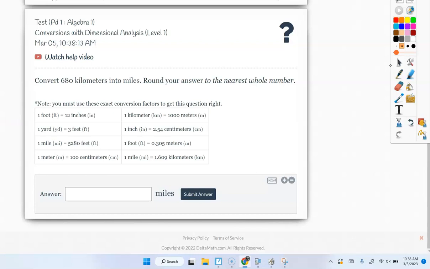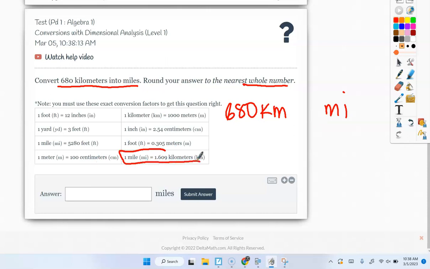I have 680 kilometers, and I want to convert it into miles, rounded to the nearest whole number. So I have 680 kilometers. I want it to be miles. Let's see if we can do this in one step. Any conversions here? Yes.